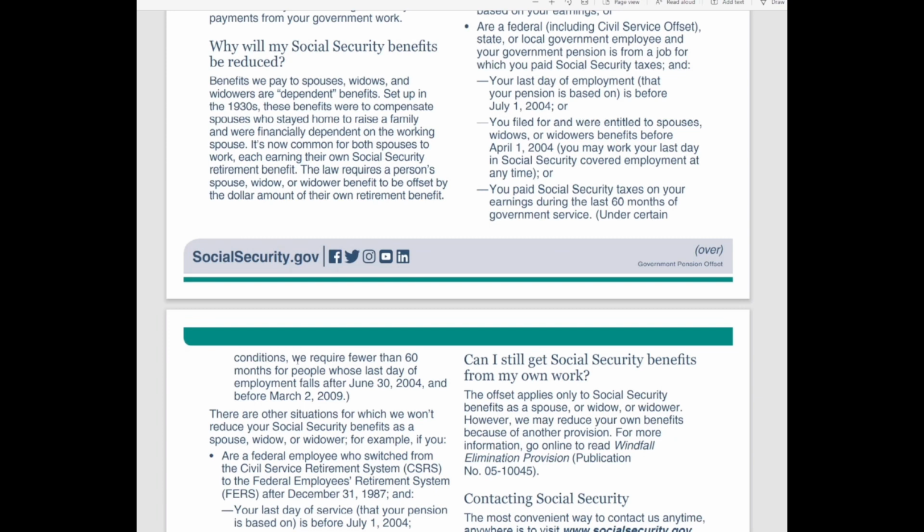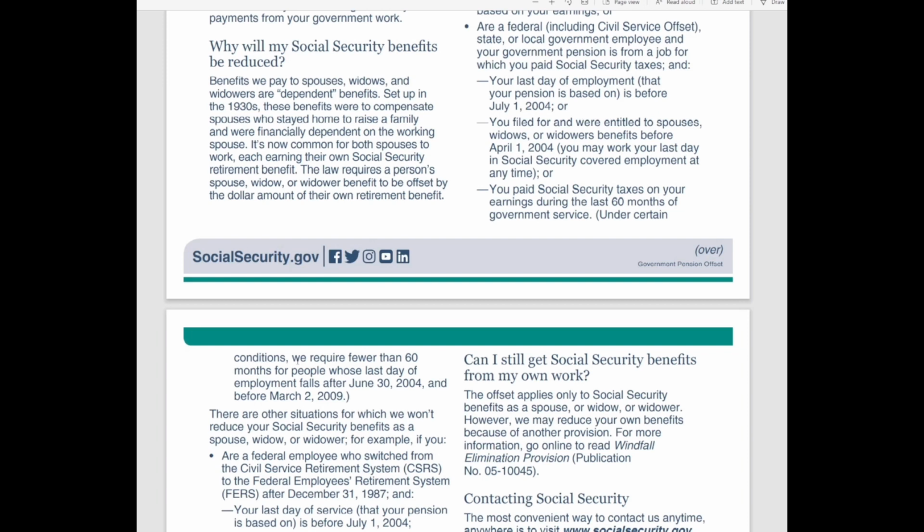If you and your employer, whether that is the state or the county or the city, wherever you're working, if the last 60 months of your employment also includes Social Security taxes being taken out, then that could be a situation where GPO does not apply to you, either as a spouse or as a widow or divorced spouse or divorced widow.